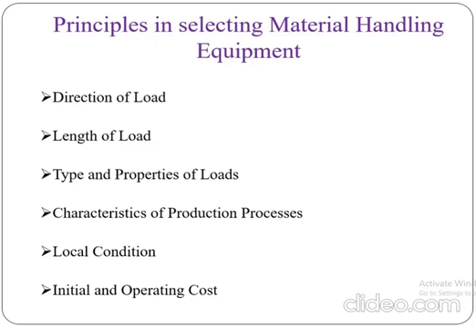Then the type and properties of the load, then the characteristics of the production process, then the local condition, then the initial and operating cost. So one by one we'll see.